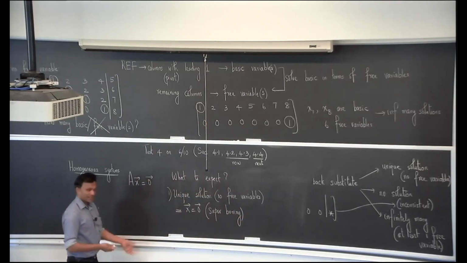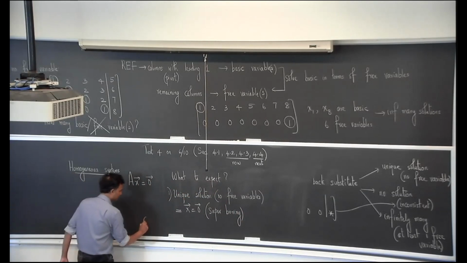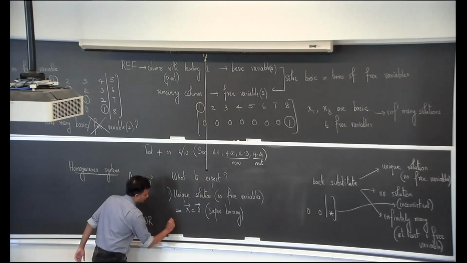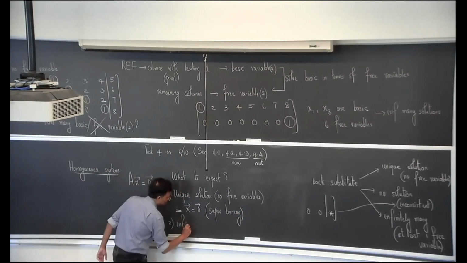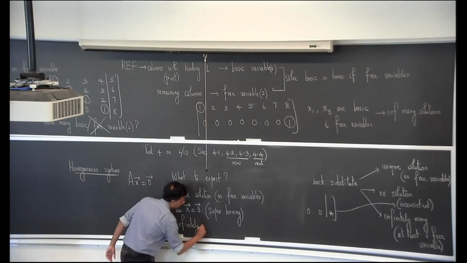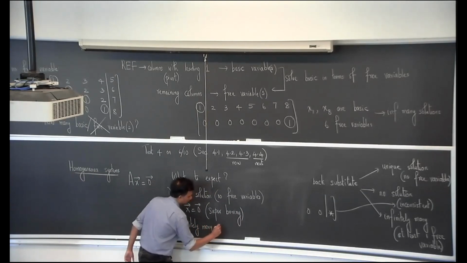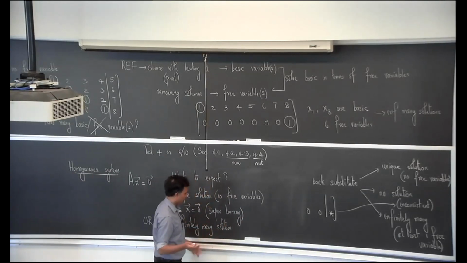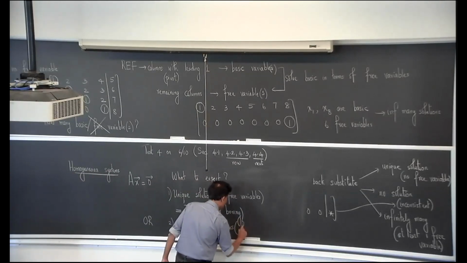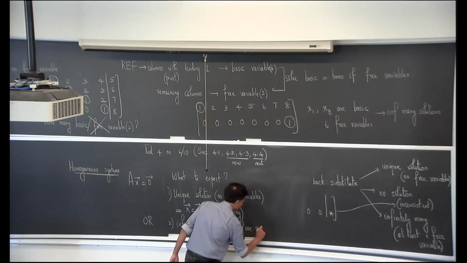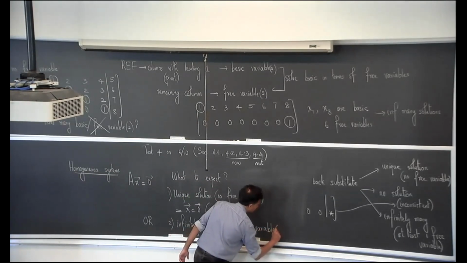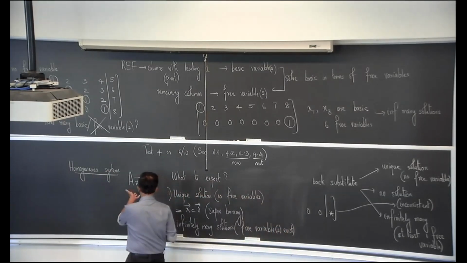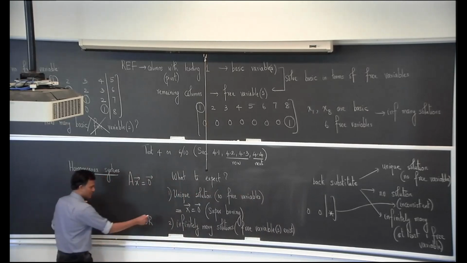So obviously we are interested in the second scenario, or what is the other possibility? Infinitely many solutions. Which means there are free variables. How is it possible for Ax equal to 0 to have infinitely many solutions? The easiest example is this.